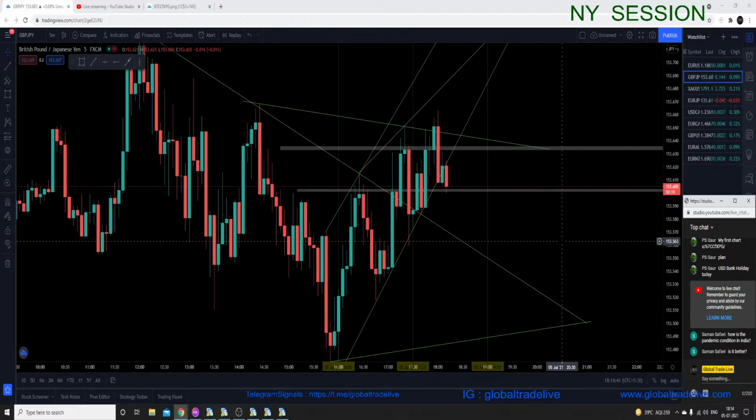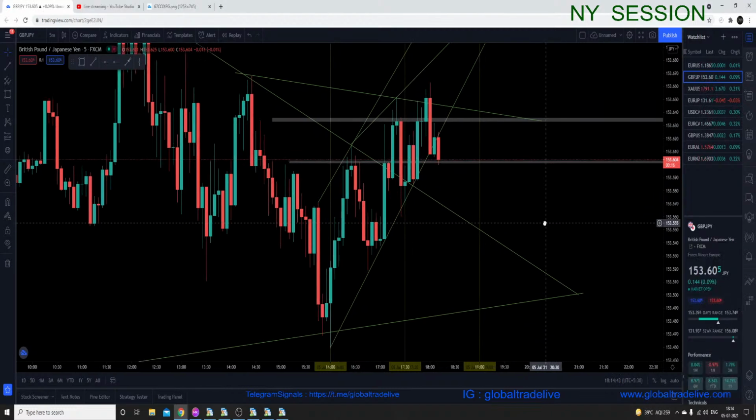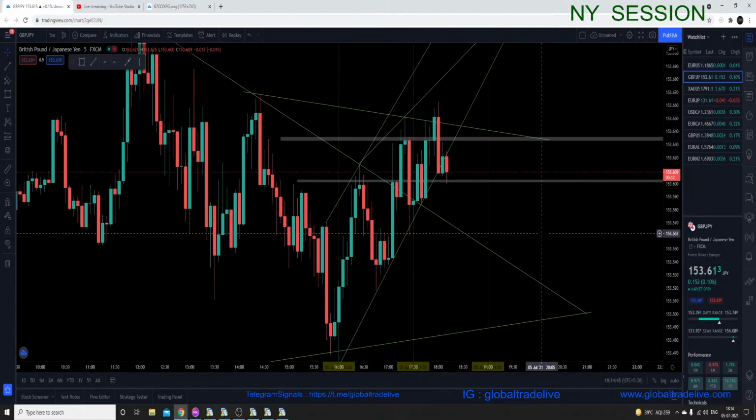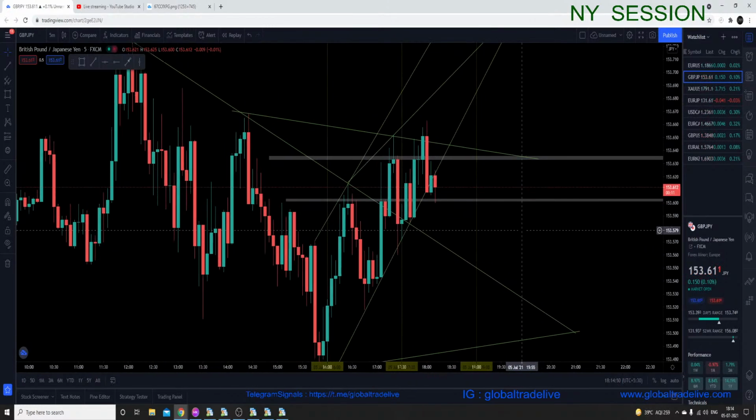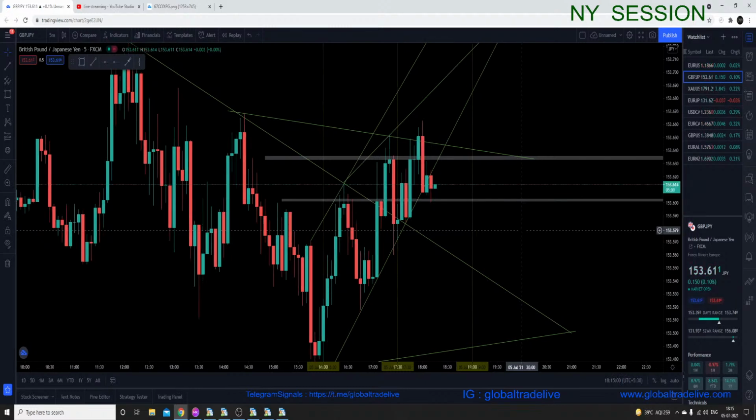So I'm not really sure how the conditions are here in India, because the media doesn't show us the real numbers. They just show us the numbers which they want to show us. So we don't know the real numbers.